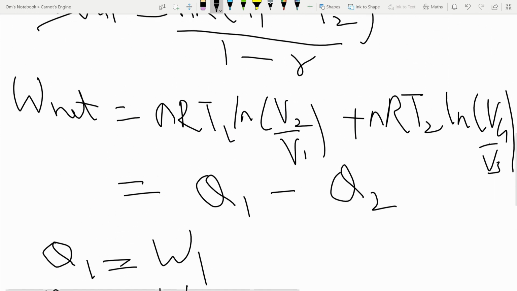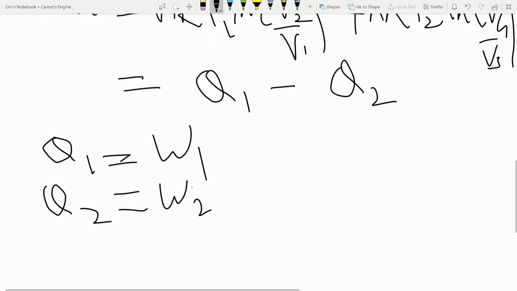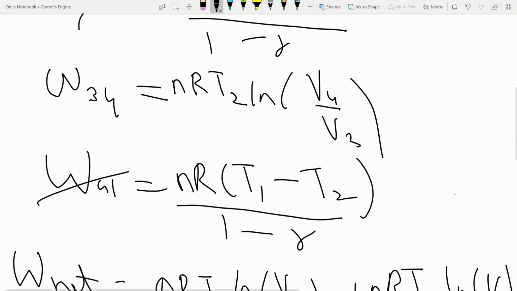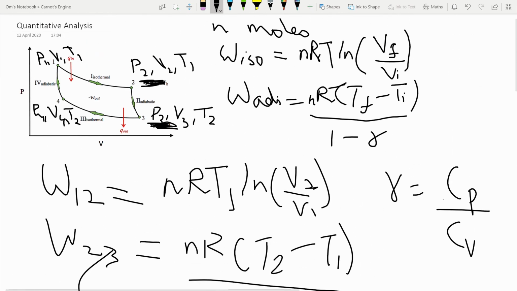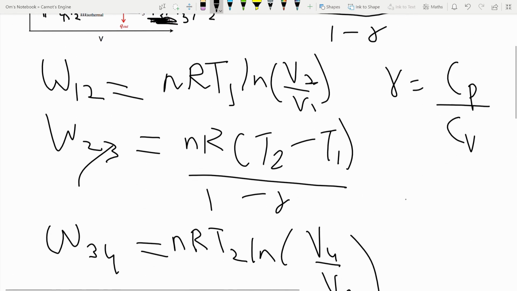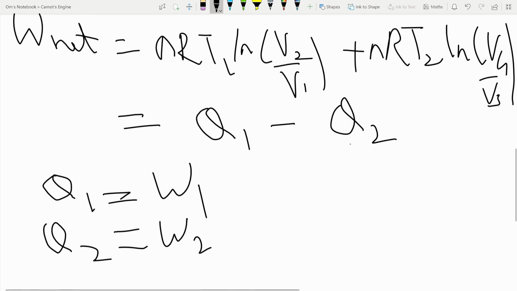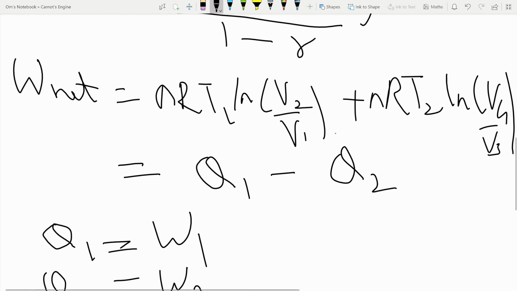But this is actually compression, right? So we actually have to include the negative sign here to indicate the fact that heat is being released over here. So work net is actually equal to Q1 minus Q2, which is something that we had gotten earlier by simply looking at the figure. But how do we actually get the temperature relation from all of this? For that, we actually have to prove another result before we get into the efficiency.